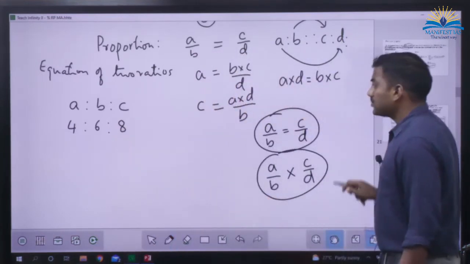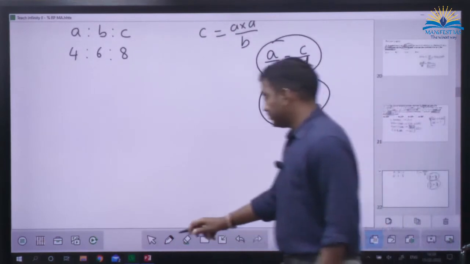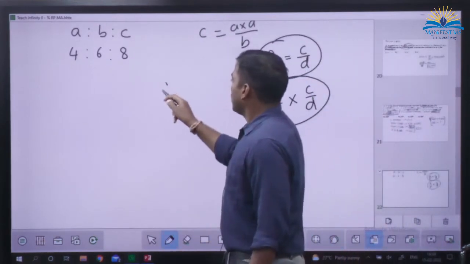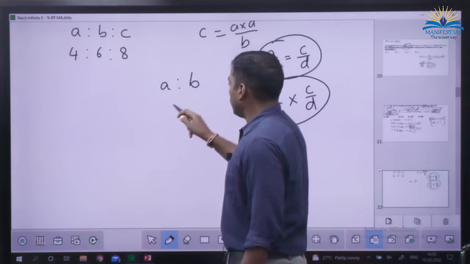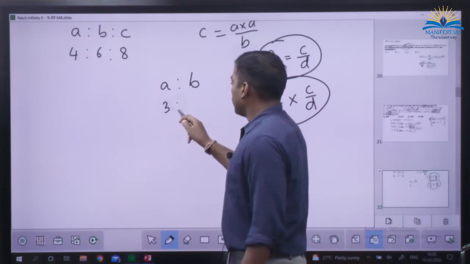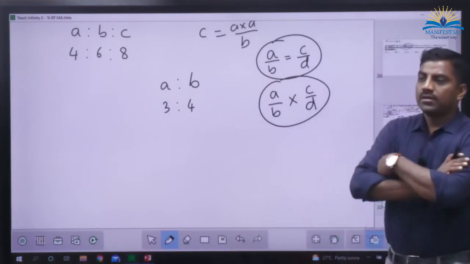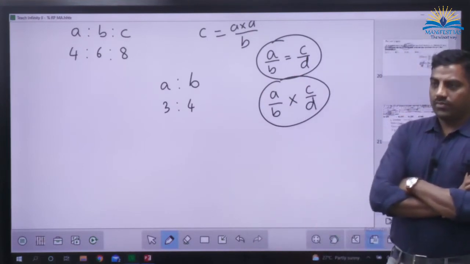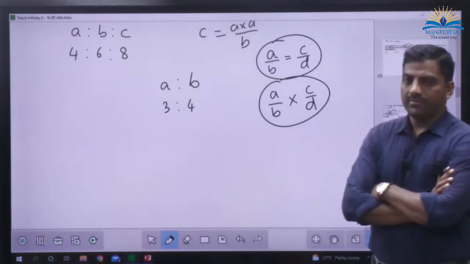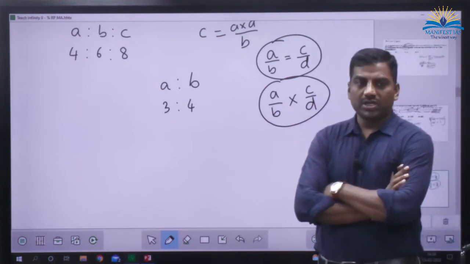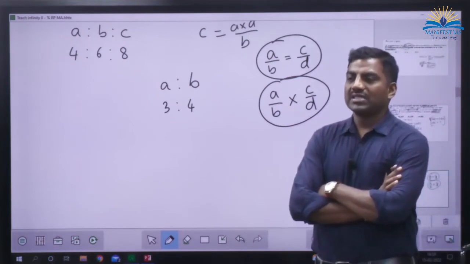Let's say, in one example, A is to B is equal to 3:4. Let's say the ratio of salaries of A and B is 3:4. What does that mean?